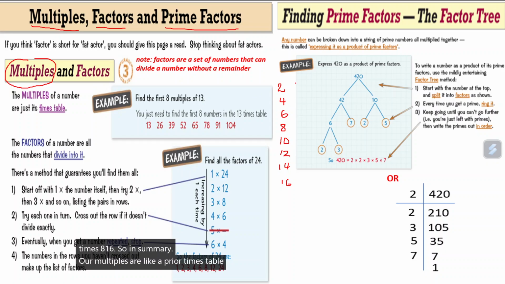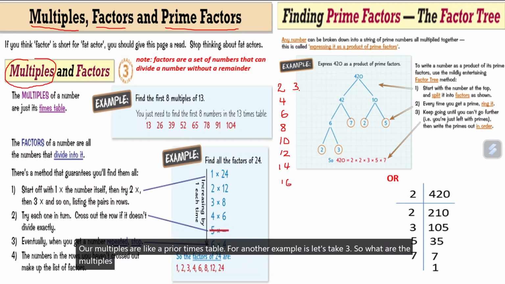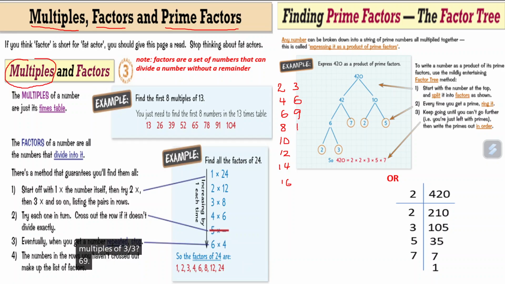For another example, let's take 3. What are the multiples of 3? 3, 6, 9, 12, 15, 18, 21, 24.